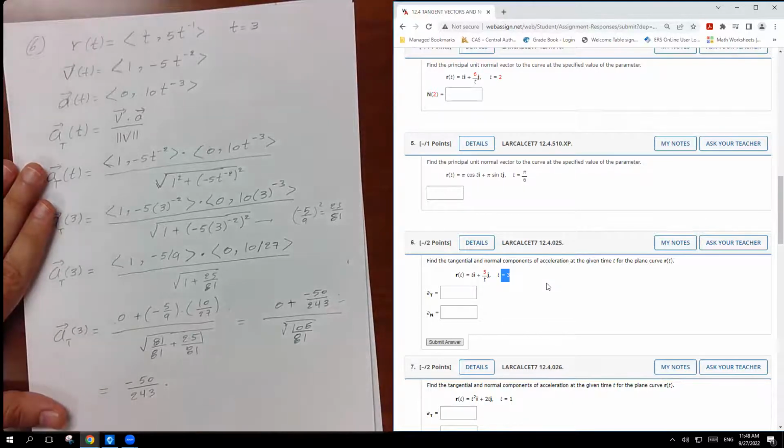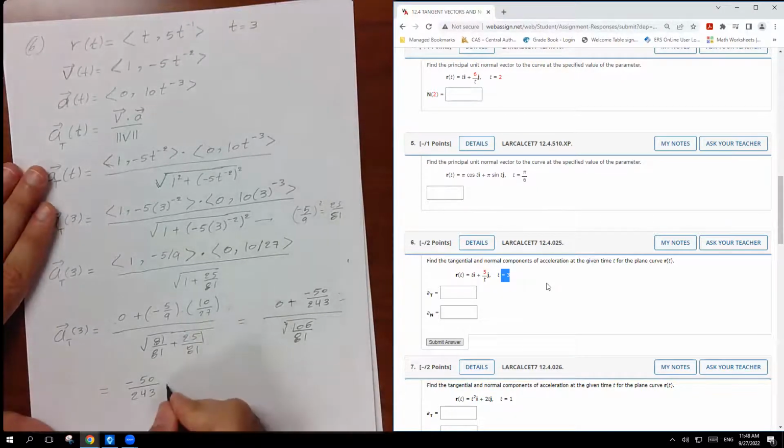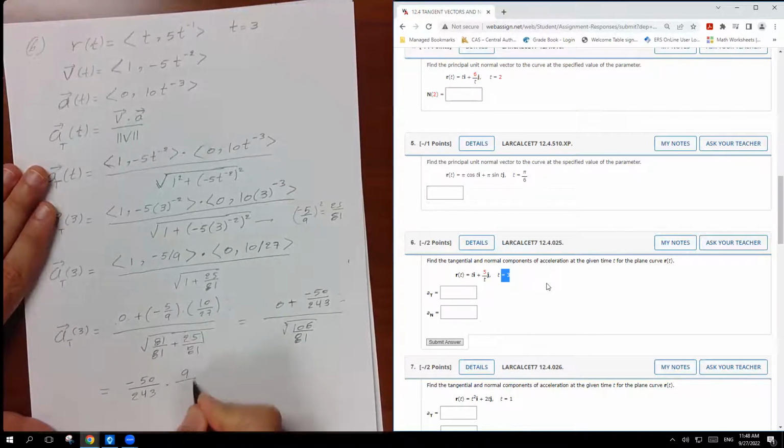Do we have a square root of 106? We can't divide by 4. You can divide by 2, but it's going to be 53, so just keep it. So it's going to be 9 over the square root of 106.